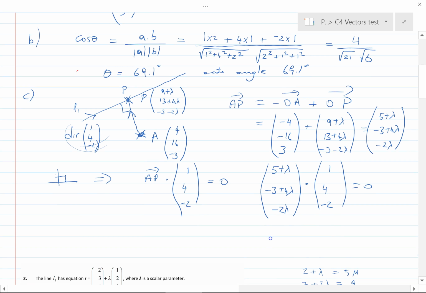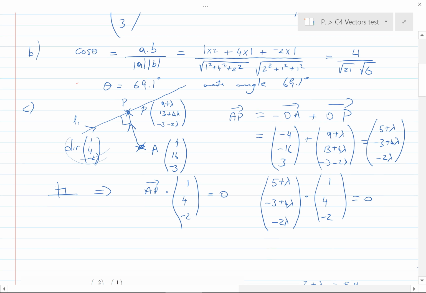That's going to give us an equation. So that's 5 plus lambda times 1, plus minus 3 plus 4 lambda times 4, and 3 minus 2 lambda times minus 2, which is 4 lambda, equals 0.